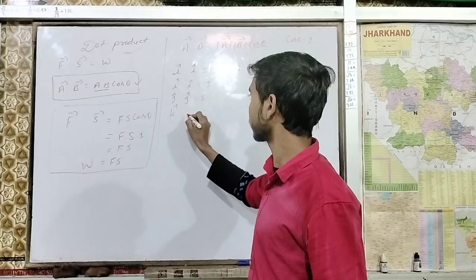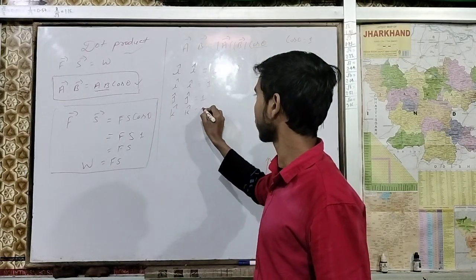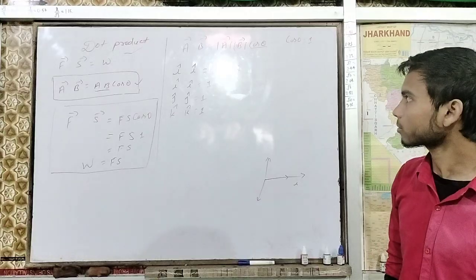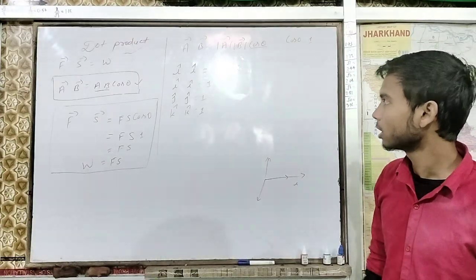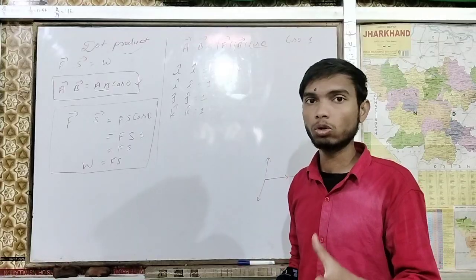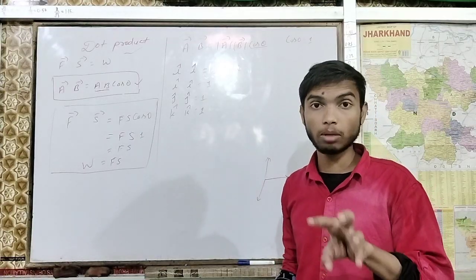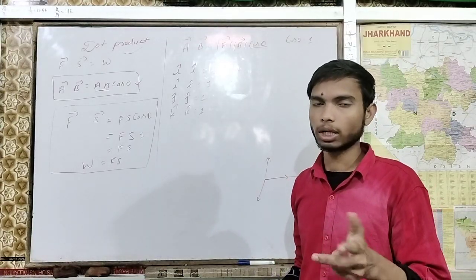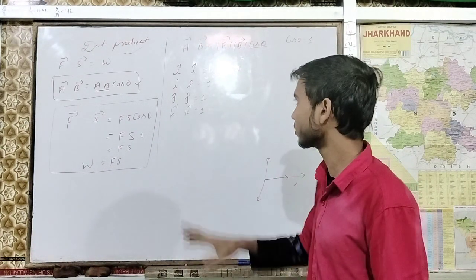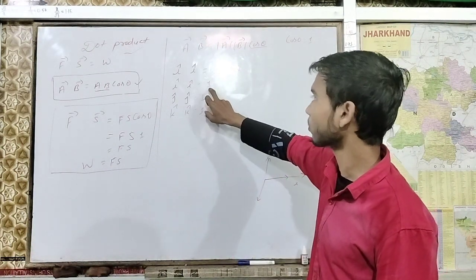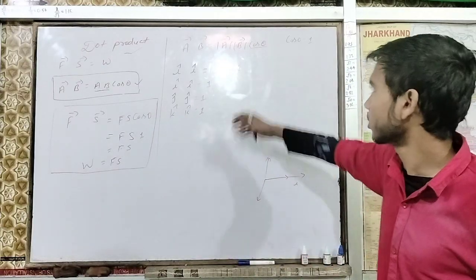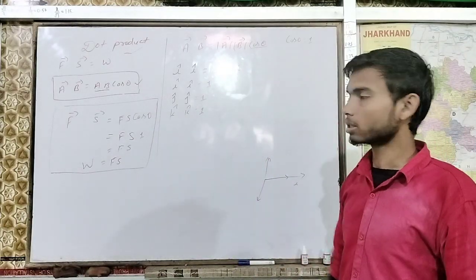Same will happen with the k cap. Clear? You are understanding that if you multiply two components and those components are the same, we will get a result which will be 1. This is your process.